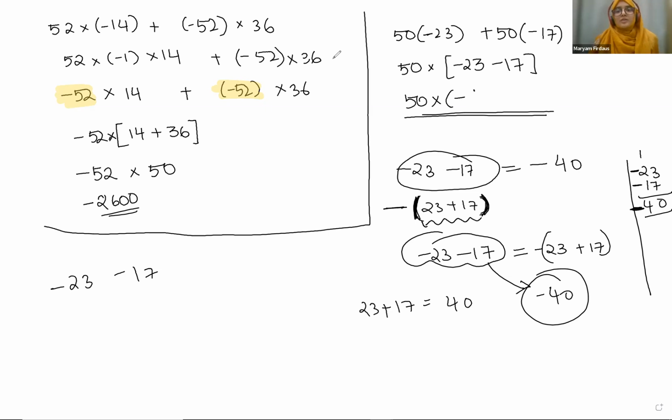Over here, on this step, just write the value of whatever this is coming out to be. To do that in your rough column, minus 23 minus 17, you will just add the values of 23 and 17. It's going to be minus 40. Okay.